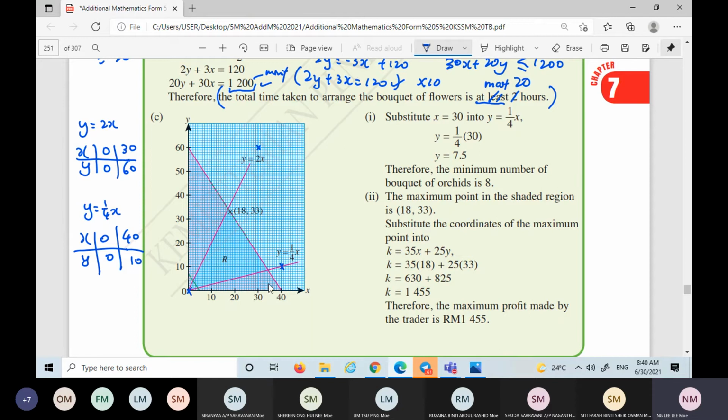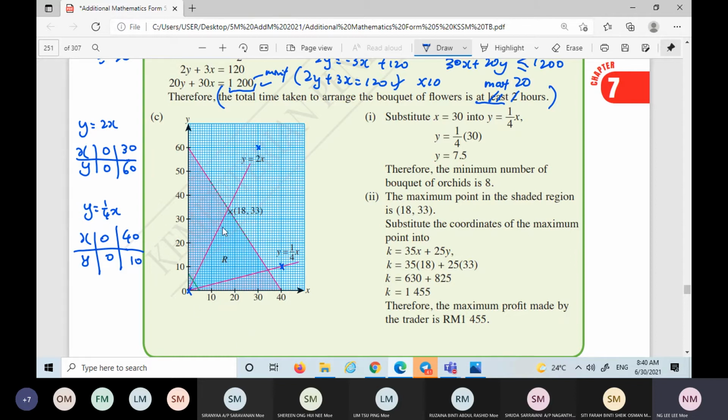Now I want to find the region. You can use my labeling method. For those who can see very fast, you will know the region is here. If I use labeling, you have to remember that for this type of question, the x and the y cannot be negative. So you see there's no negative part for the x and the y.